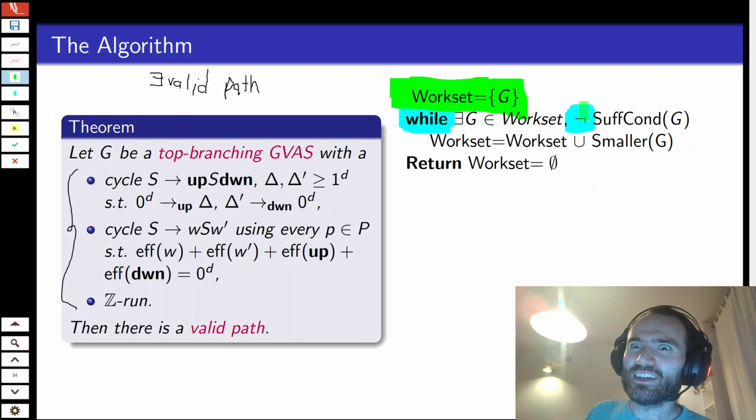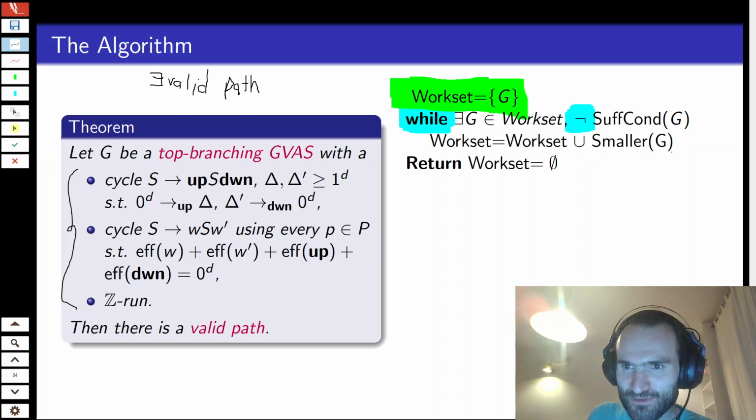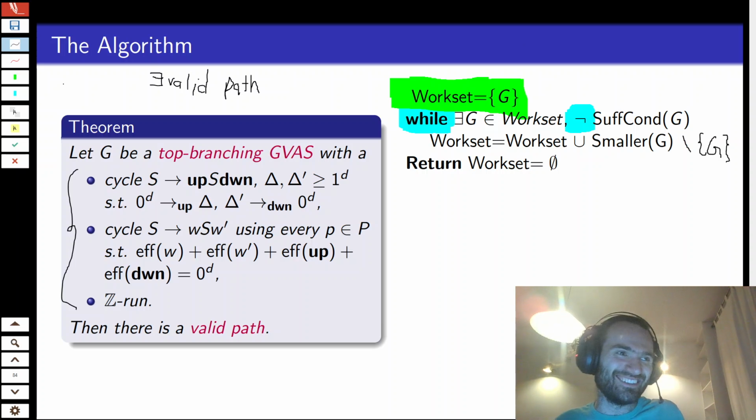Now, if the condition does not hold, what are we going to do? Well, we are going to update the... Okay, this is of course stupid. We are not just going to add something, but we are of course going to remove G. Okay, live edits.